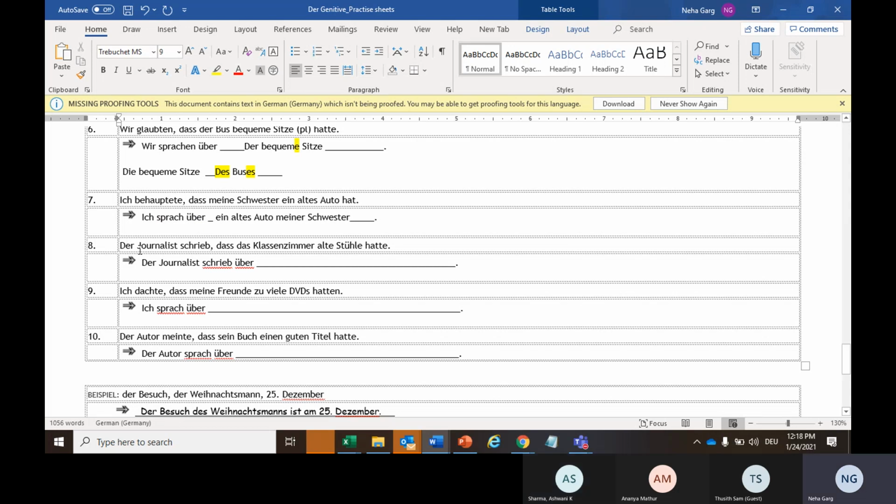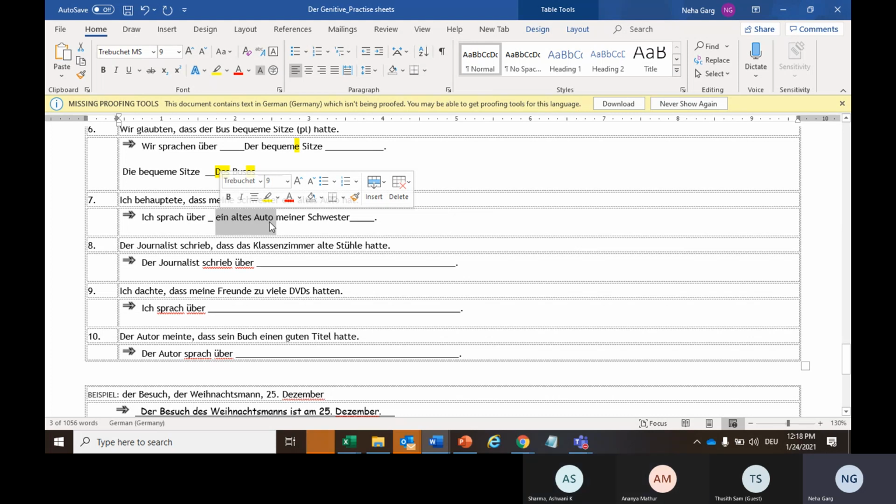I was saying that here we will be talking about, like, ich sprach über, I spoke about the old car, ein altes Auto, meiner Schwester. So here, this is genitive. And can somebody tell me what is Auto here? Is it accusative or is it dative? Which case does this car have? No, accusative or dative?